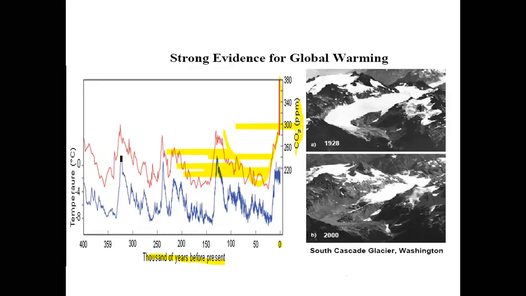So when there's a maximum value of temperature, as in this case, you can see that the carbon dioxide level is also high. If there is a minimum value of temperature, then the CO2 level is also minimum. That means there is a strong correlation between the surface temperature and the carbon dioxide level in the Earth's surface.